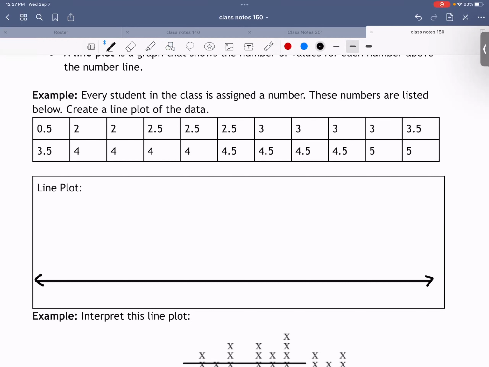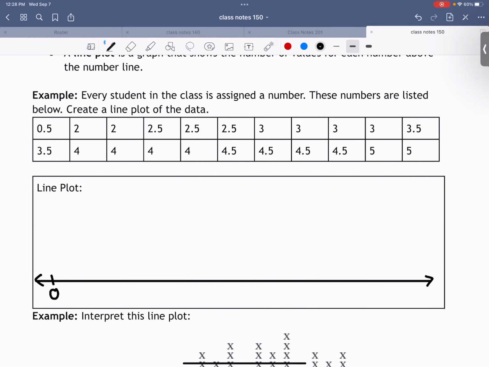Okay. Where should I start my number line? Zero is good. We could even start at 0.5, but let's do 0, since it's close to our lowest number, right?